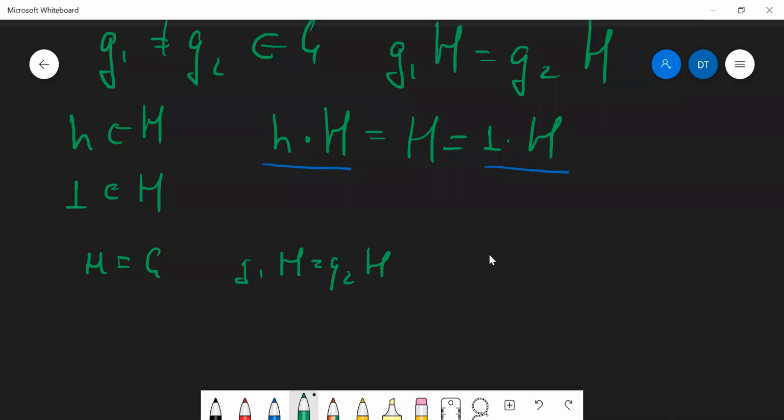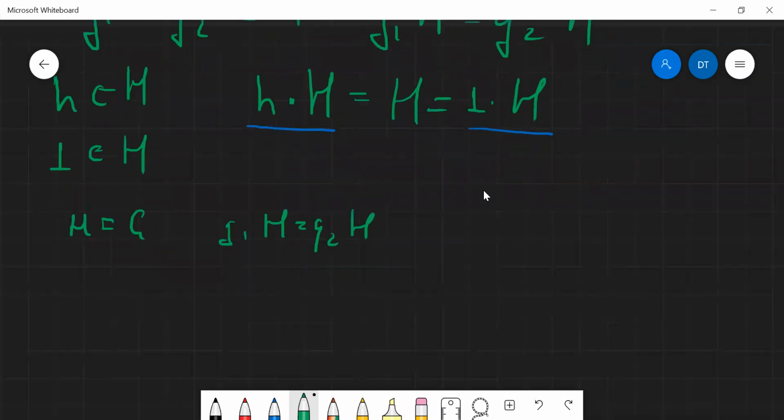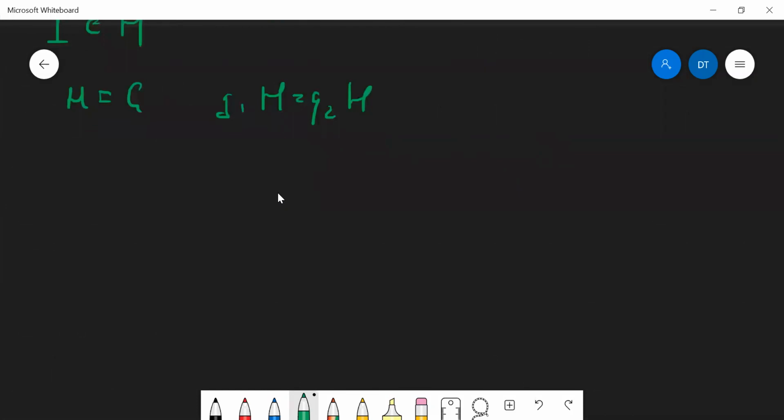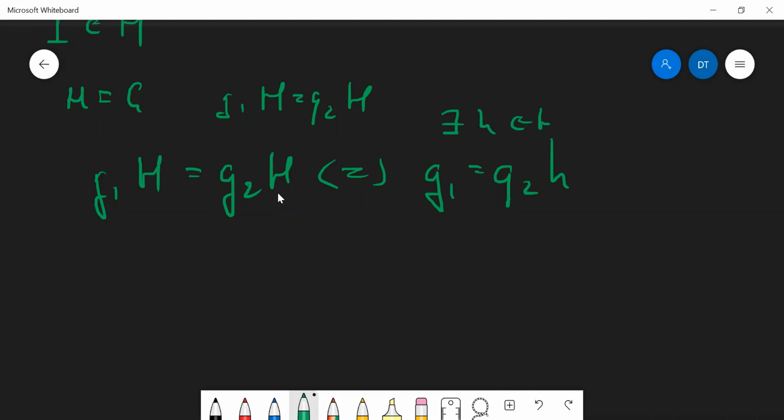So let me explain how to check this condition. What should you verify looking at the elements G1 and G2? So the claim is G1H equals G2H if and only if there exists h in H such that G1 equals G2 times h. So if and only if.